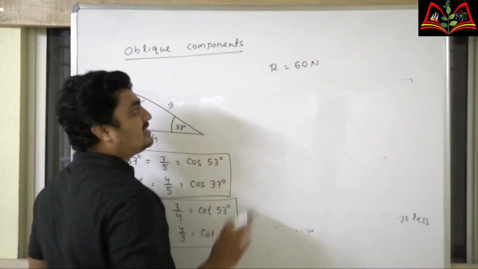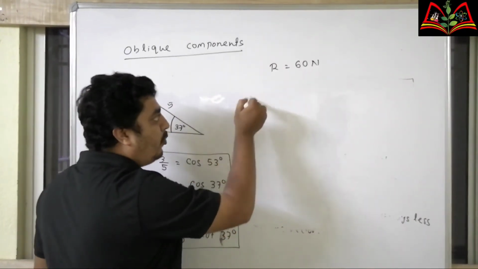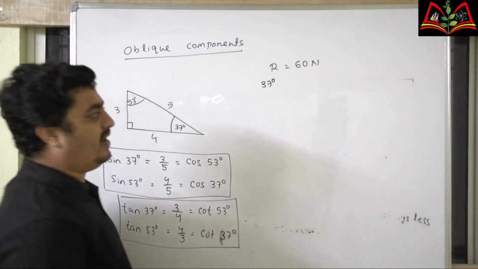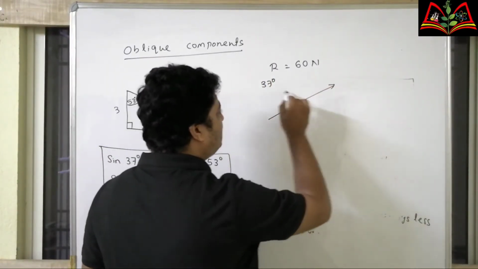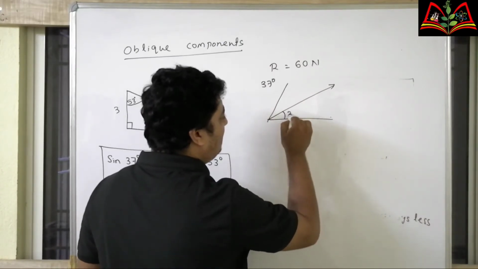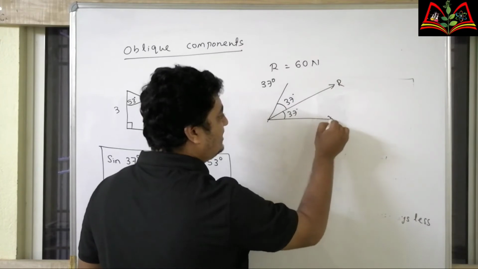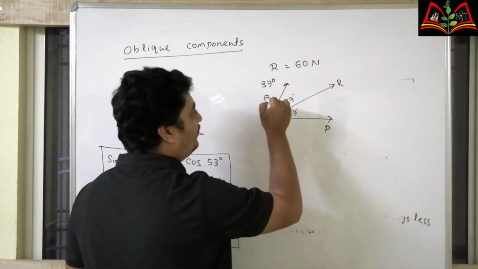Now find its components if both the components make 37 degree with the vector. Now this is R, this angle is 37 degree, this angle is also 37 degree. So this is P, this is Q.